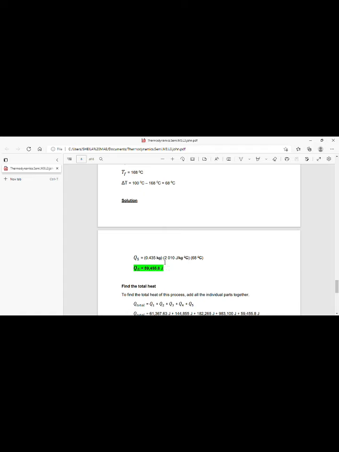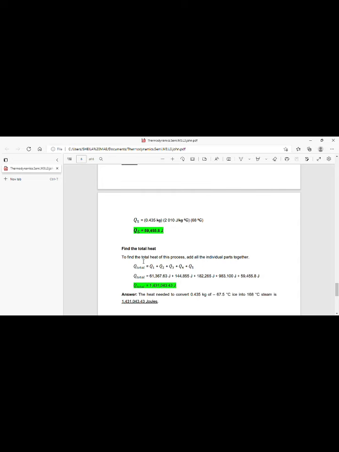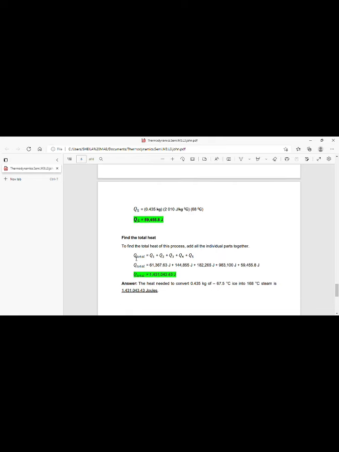Again, never forget to cancel out the unit. Just remain only the joules, because joules is the unit of our heat energy. Then we will now find the total heat. To find the total heat of this process, add all the individual parts together.